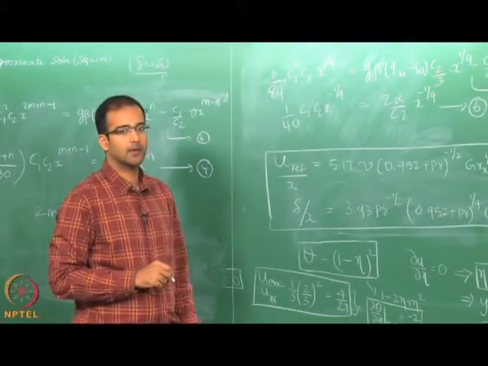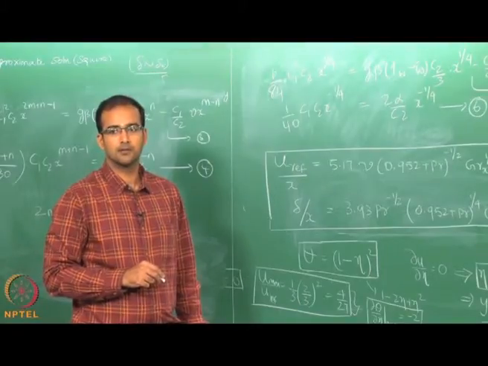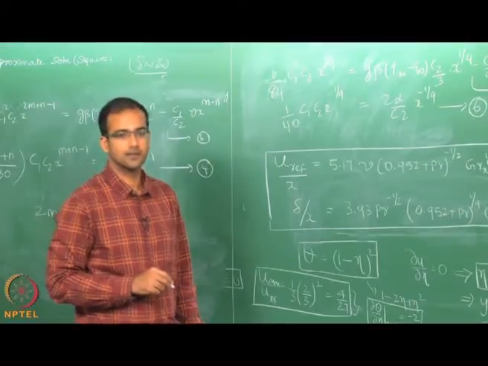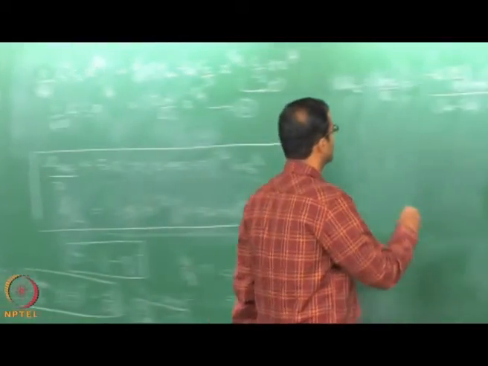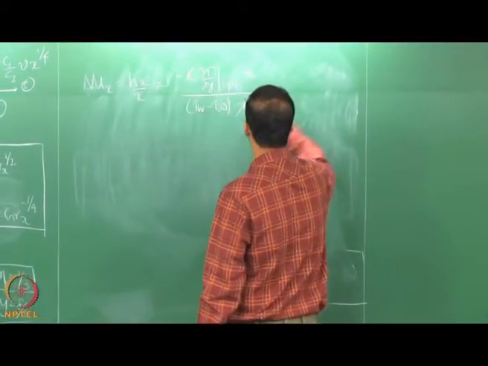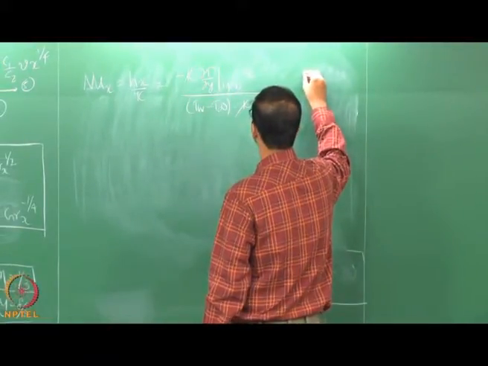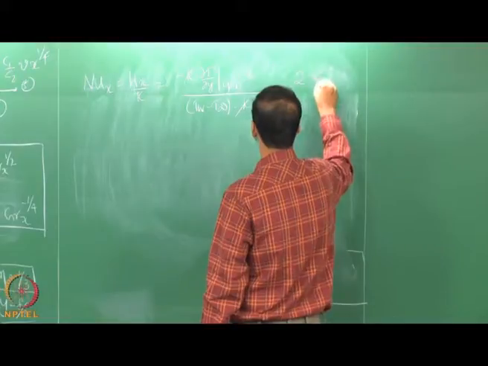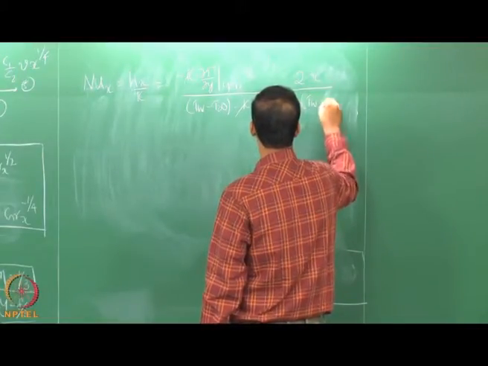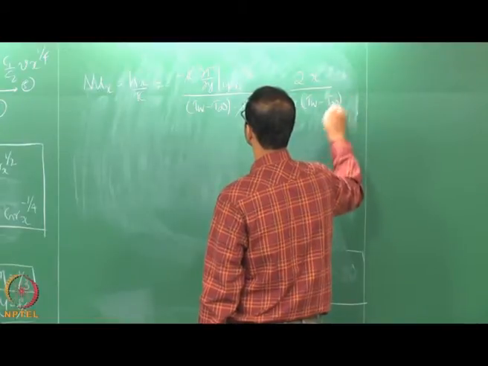Minus dT by dy at y equal to 0 is 2 by delta, that is it, 2 by delta. So, k cancels here, therefore, 2x by delta into (T wall minus T infinity).